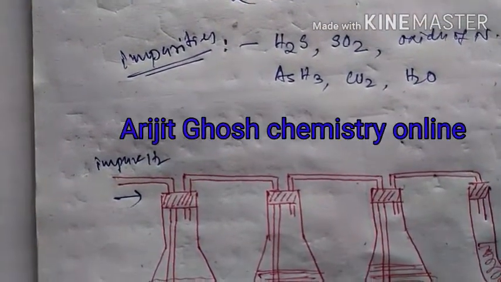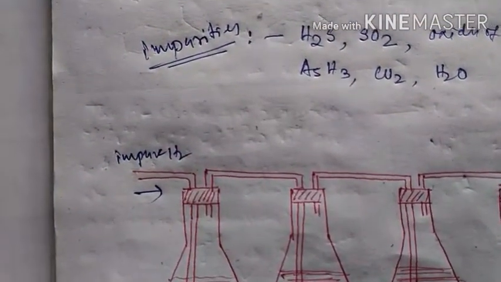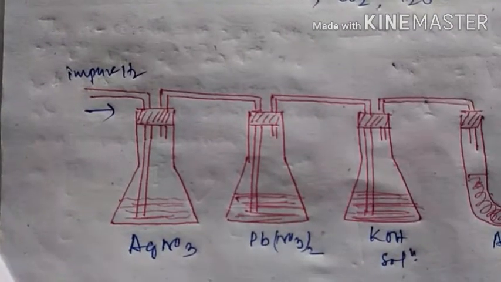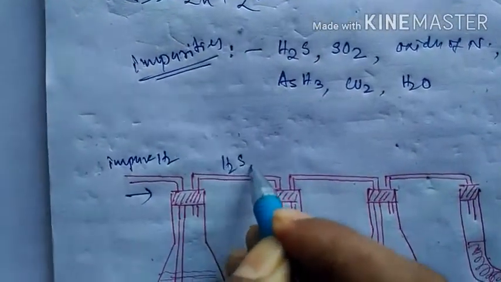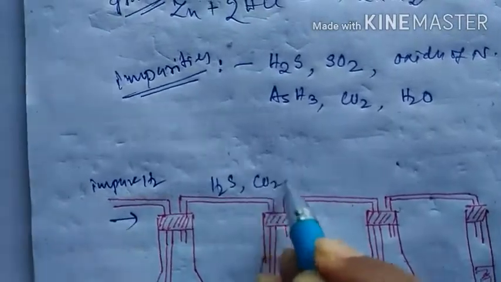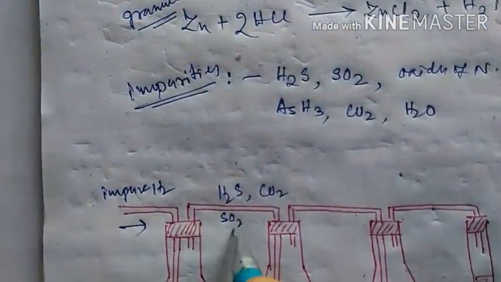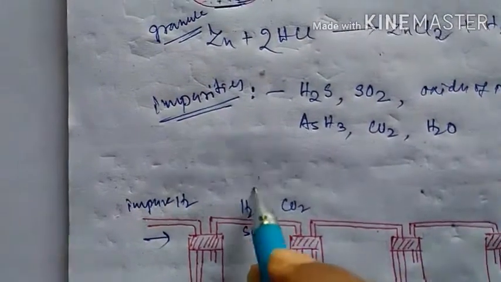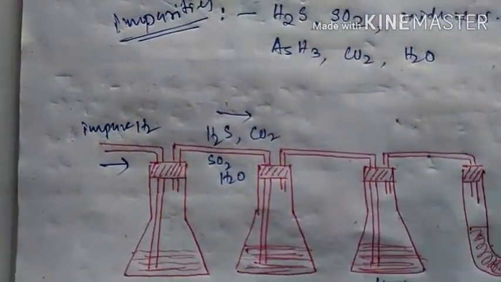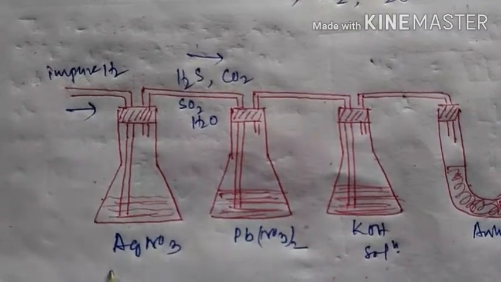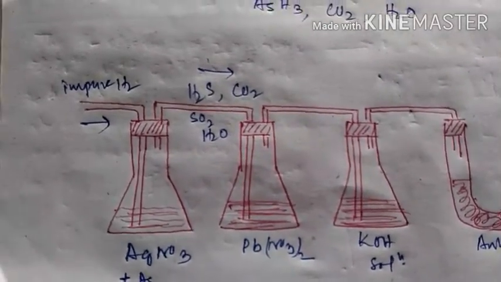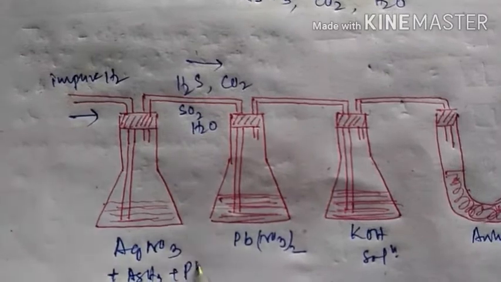Now when it passes through silver nitrate, from here only H2S, carbon dioxide, sulfur dioxide and water vapor come out, because silver nitrate absorbs arsine and phosphine.